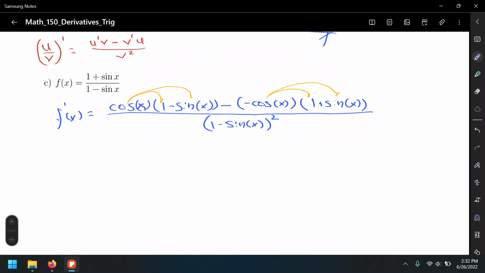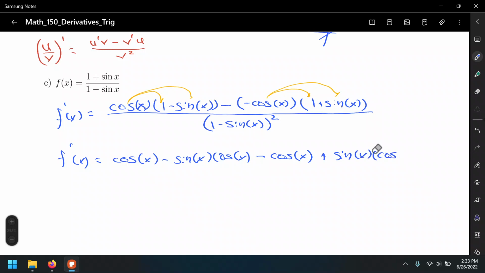So f prime of x equals cosine x minus sine x cosine x, and then plus cosine x, because that's cosine times 1, that's simply cosine. Negative times a negative becomes positive, and finally cosine times sine, and that's a plus sine x cosine x.